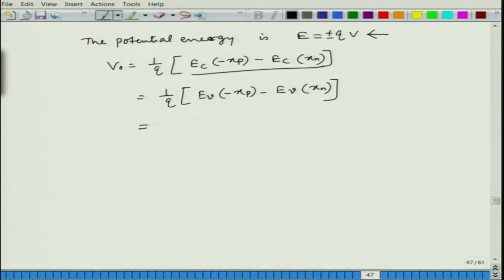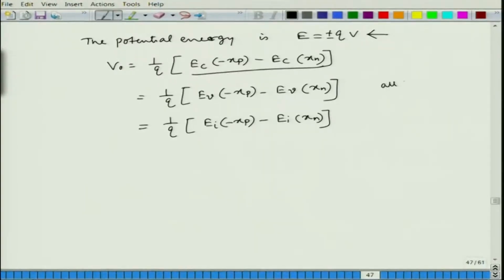Similarly, you can also express in terms of the intrinsic Fermi level, okay, because all of them are parallel. Okay.